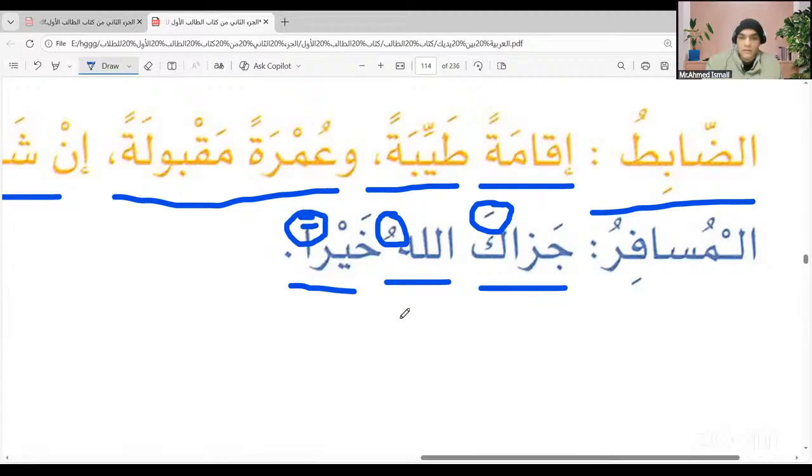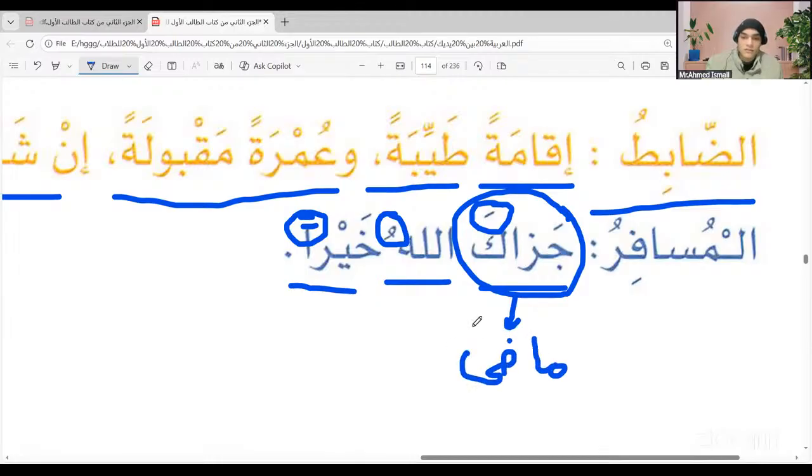Jazaka means to reward someone or something, but جزاك here is فعل ماضي. And how can I know this is فعل ماضي? Of course, from the حركة here, the فتحة. Because we said before, if you have فتحة at the end of it, this means it's فعل ماضي. And الله is the فاعل of it.